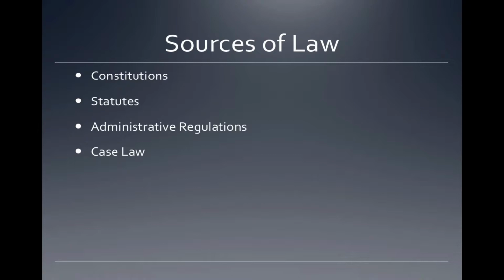Then we have administrative regulations, and that comes from the executive branch. So the executive branch is charged with enforcing the law. So when a statute is handed down and it affects something like the environment, then the United States Environmental Protection Agency will have that statute and can enact rules and regulations to further explain what that means.